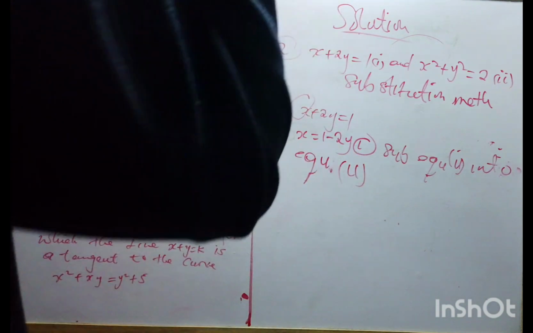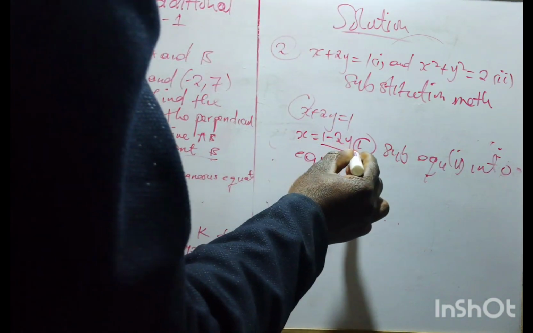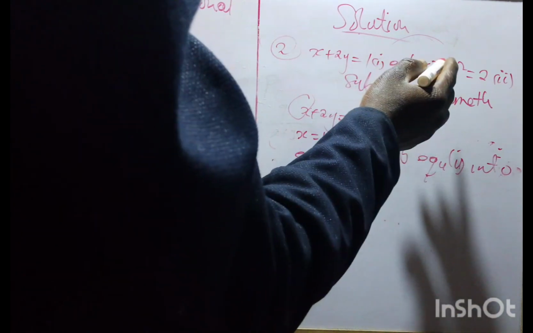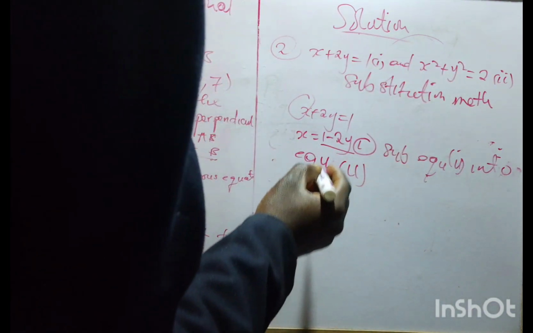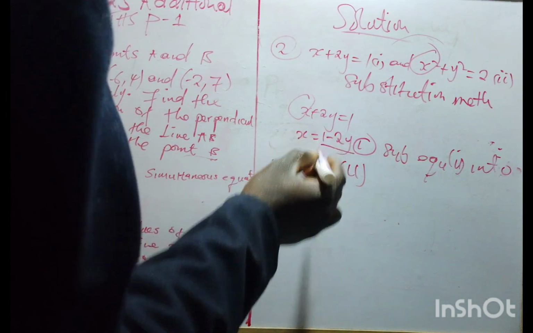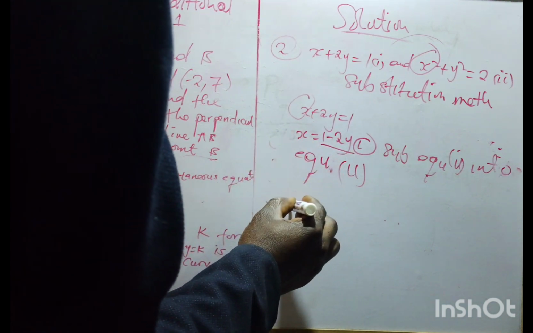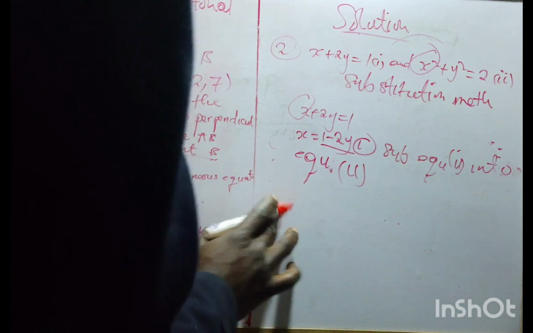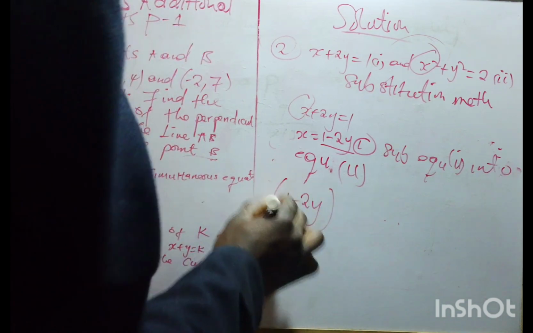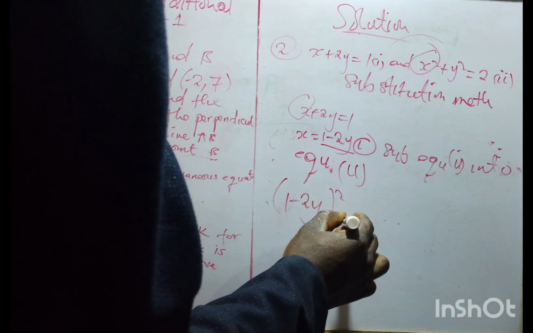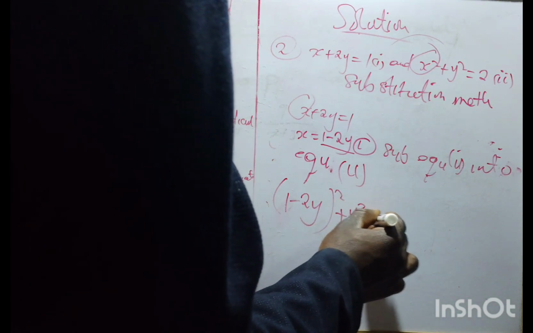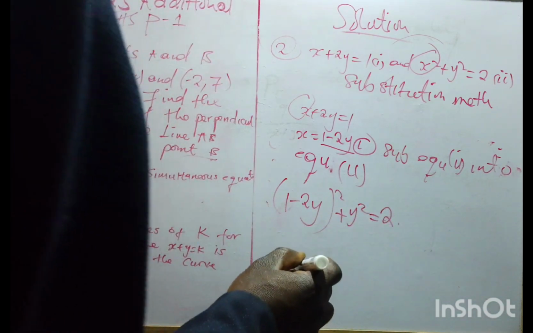In equation 2 we have x squared, where this x, we are going to substitute with 1 minus 2y. So we're going to say (1 minus 2y) in the bracket squared, plus y squared, which should equal 2.